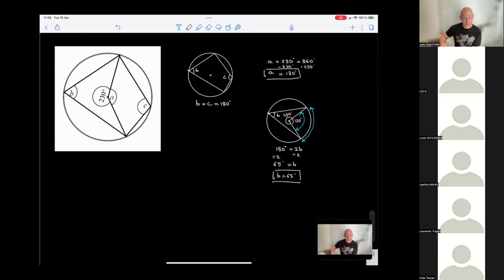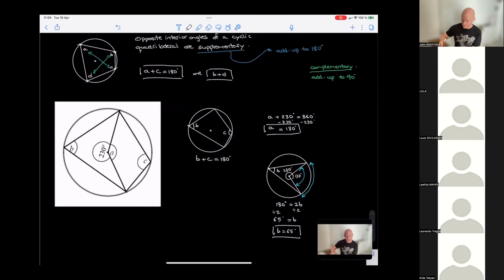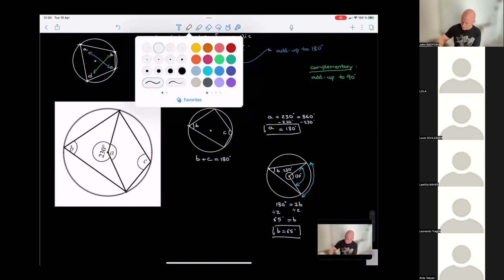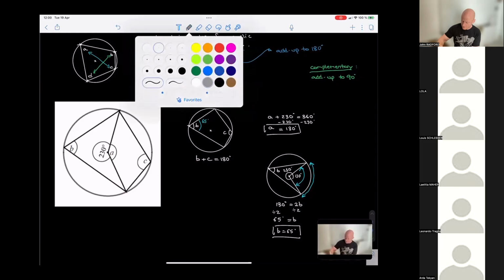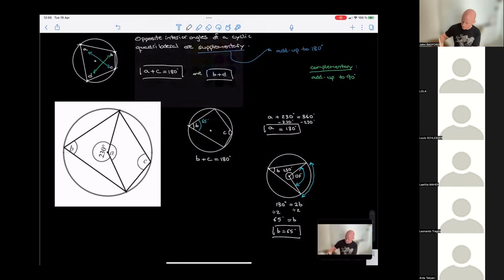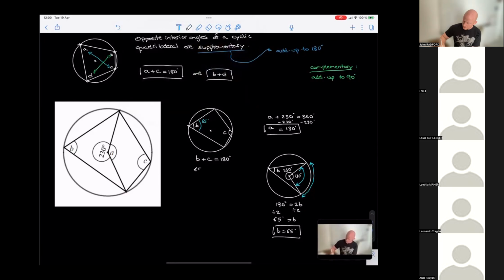Finally, we can actually use our cyclic quadrilateral theorem and figure out what C is. I go back to this one. I now know that B, following what we just found, is 65 degrees. But since B plus C has to equal 180, I can go back to this now and say that 65 degrees plus C has to be equal to 180 degrees.